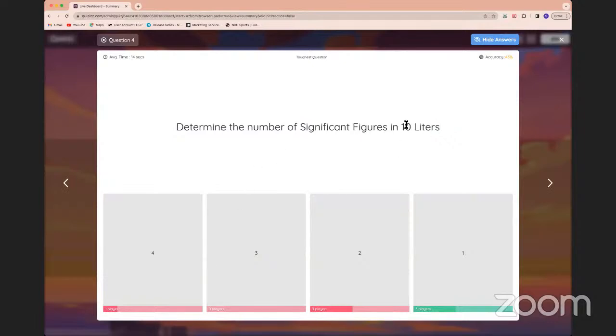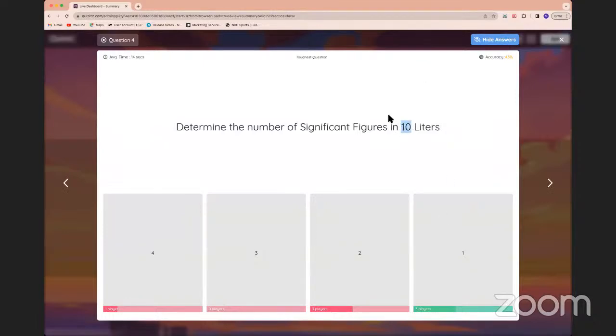The number of significant figures in 10 liters. So actually this problem is inaccurately worded, or there's a problem with the answers, because here you cannot simply tell by looking at this whether the 0 is significant or not.